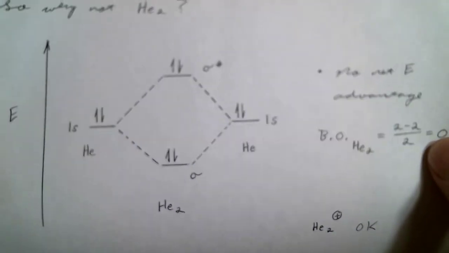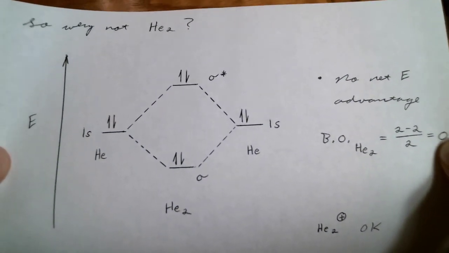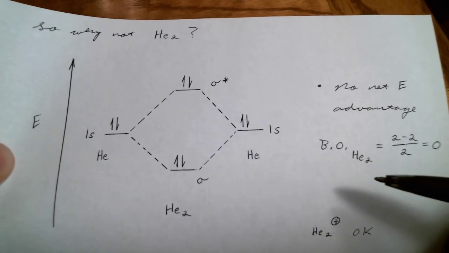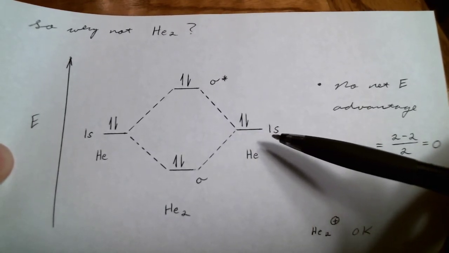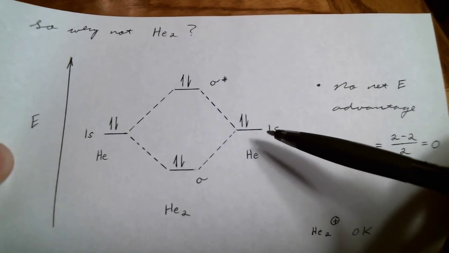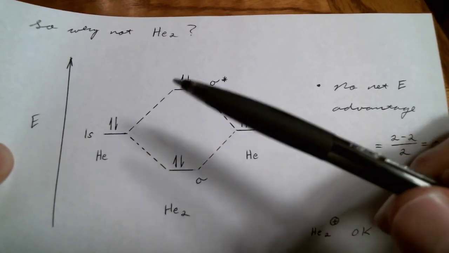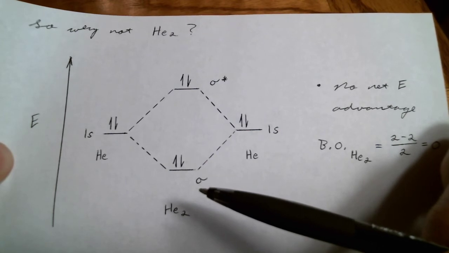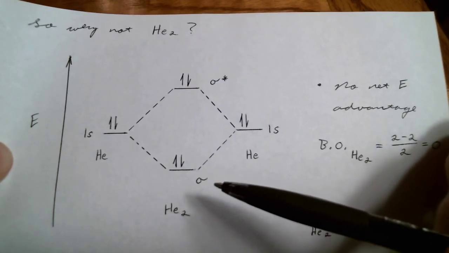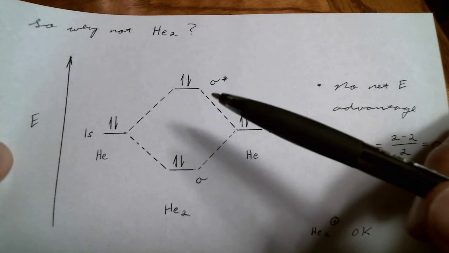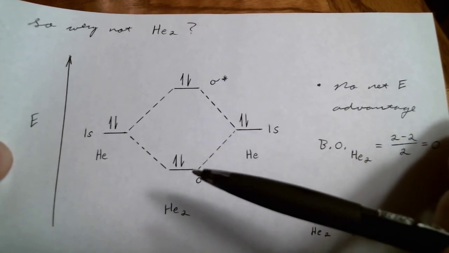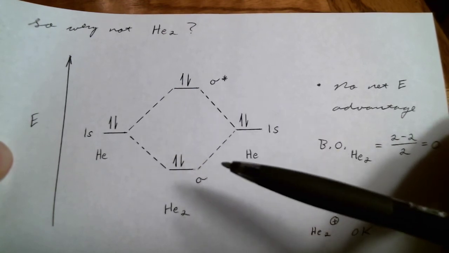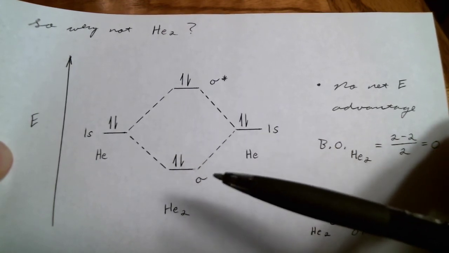Let's see why helium can't form diatomic helium. Well, if we tried the same exercise, we'd be bringing two 1s orbitals together. Each 1s orbital possesses 2 electrons. We'd form 2 molecular orbitals, a sigma bonding molecular orbital and a sigma antibonding molecular orbital, and each molecular orbital holds 2 electrons. And so we can see that there's no net energy gain.